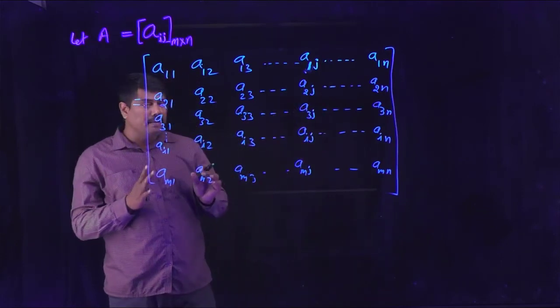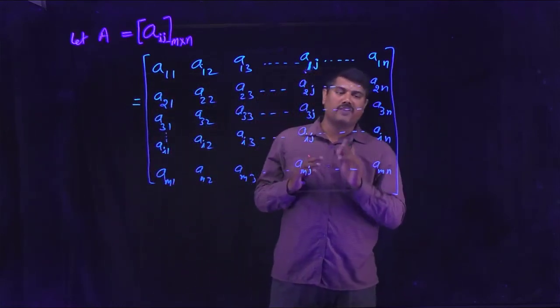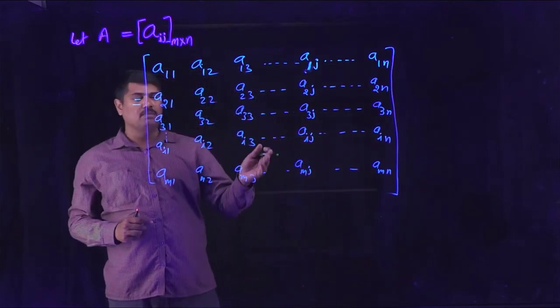Where is that element means in which row and which column it exists. First you have to mention in which row it exists, later in which column it exists.